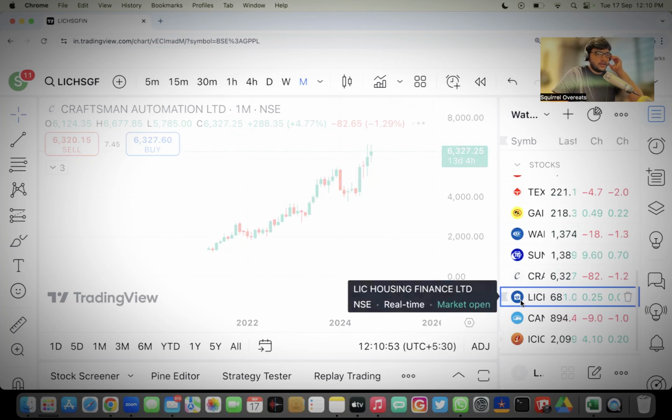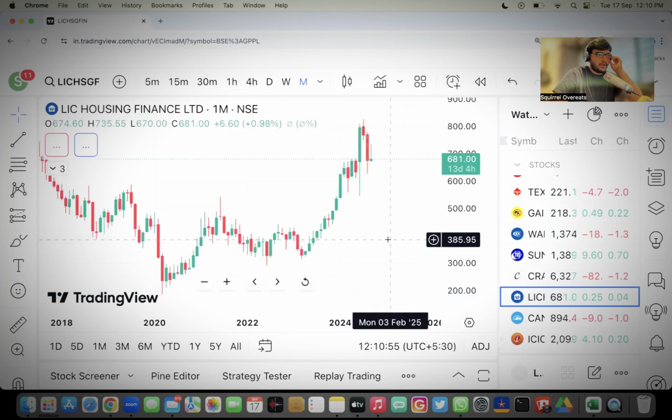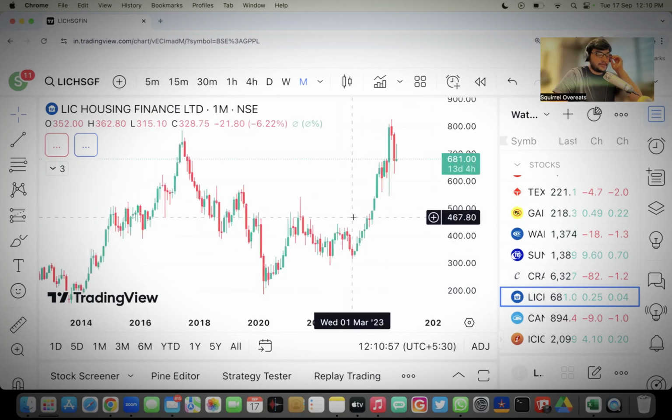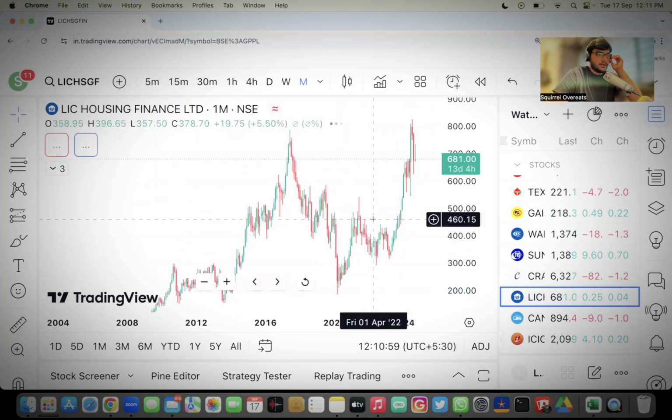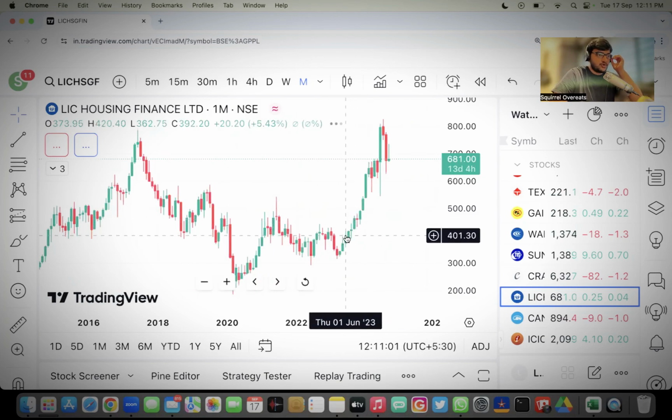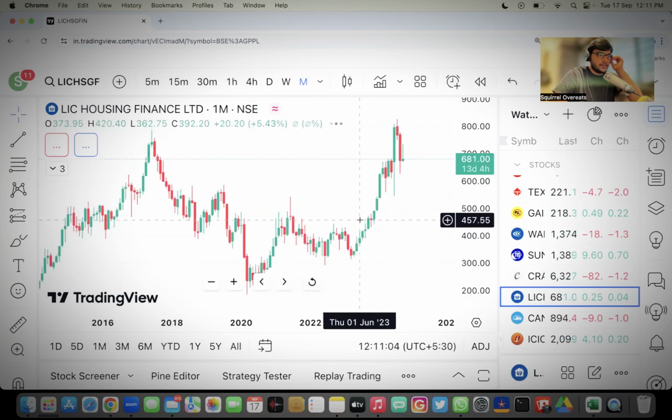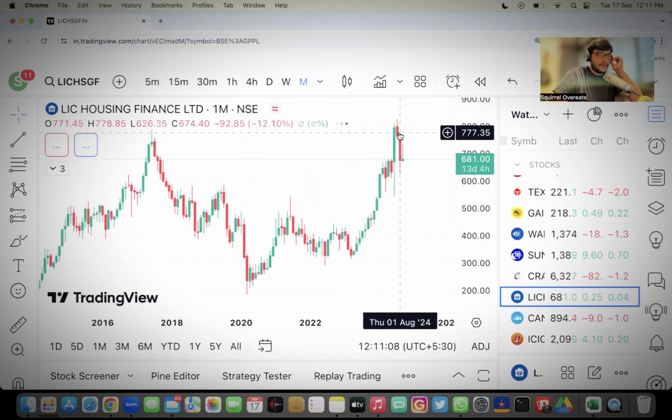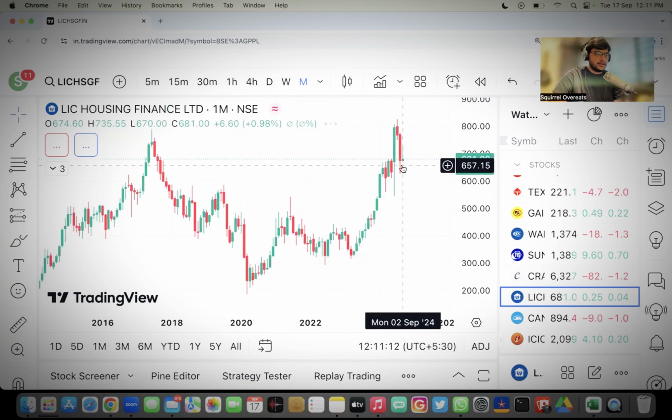To be honest, it is not performing really well in the short run, but since June 2023 it was in an uptrend. Now it has plummeted a little bit, a correction is there, but I think in the long run it is going to perform well, and this is a very big opportunity in this stock.